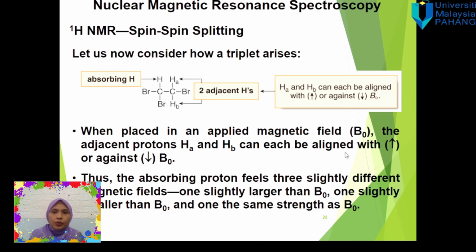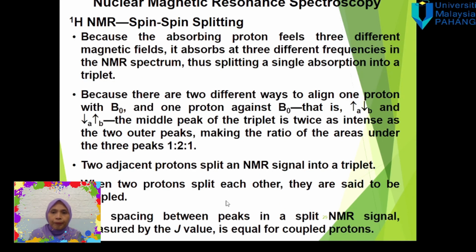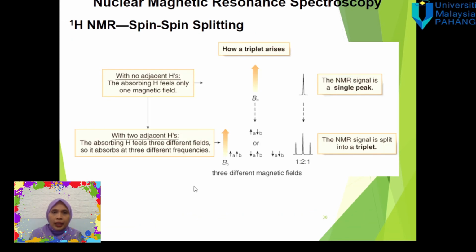So with the 2 protons, the absorbing protons feel different magnetic fields, one slightly larger, one slightly smaller, and one of the same strength. That's why there is a triplet. And because of the middle splitting here, the ratio is 1 to 2 to 1. That's why we draw the peak as a triplet. One is short, this one is double, and this one is short again because of this ratio.